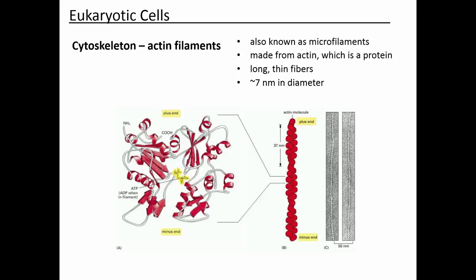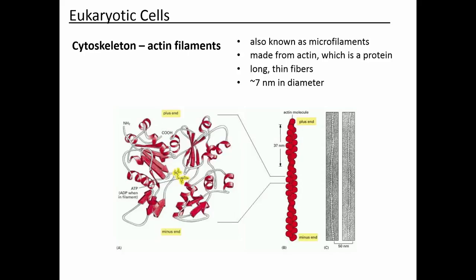And an actin filament or a microfilament, the structure of it looks a lot like if you took 2 strings of pearls and you twisted them around each other. That's what an actin filament will look like. When you look inside different cell structures, actin filaments can be present as a single filament.